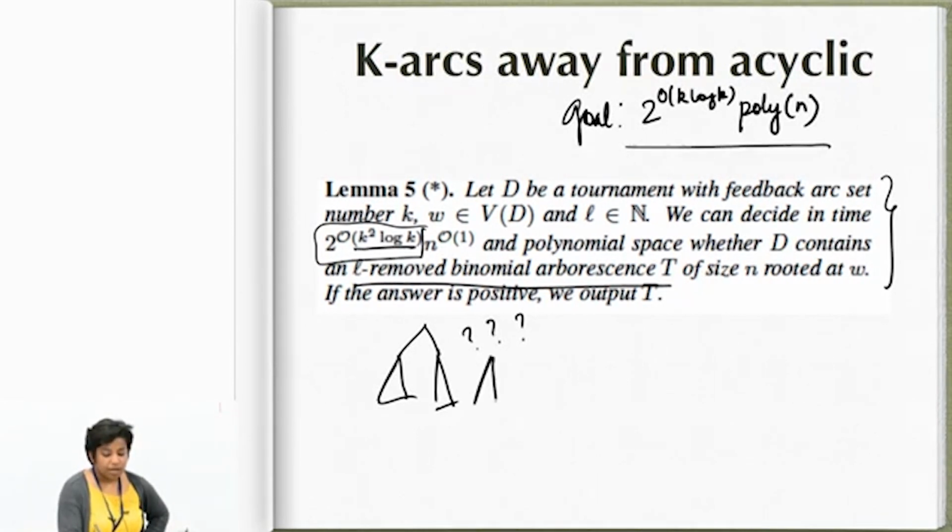So by slightly altering that algorithm from earlier in the morning, we can answer this question: does there exist an SBA where only the last L arcs rooted at V star are missing? Nothing reversed, we just don't have those arcs. This is why it's called L-removed binomial arborescence. It's almost like solving the original problem we did in the morning with just some L arcs removed.